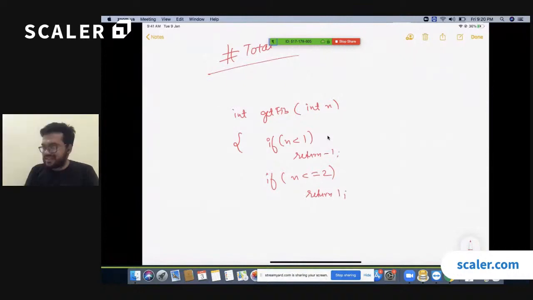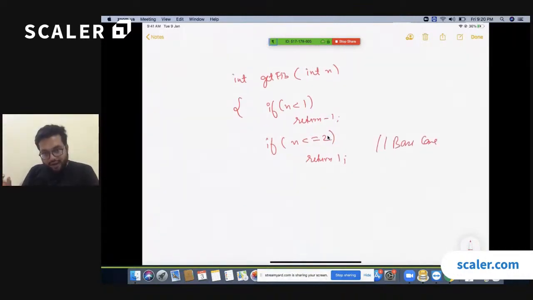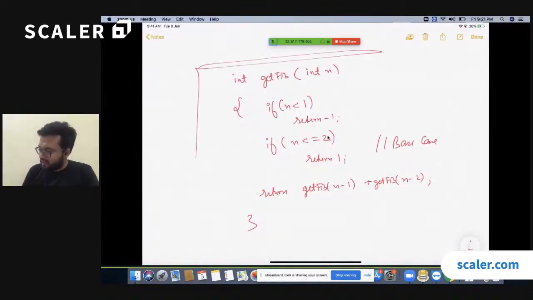This is the base case that we have by definition. Now, after this, for any other n, you would simply be calling f of n minus 1 and f of n minus 2. So a simple recursive solution would look something like this. That's simply going to return getFib for n minus 1 plus getFib for n minus 2. This is a simple recursive problem.